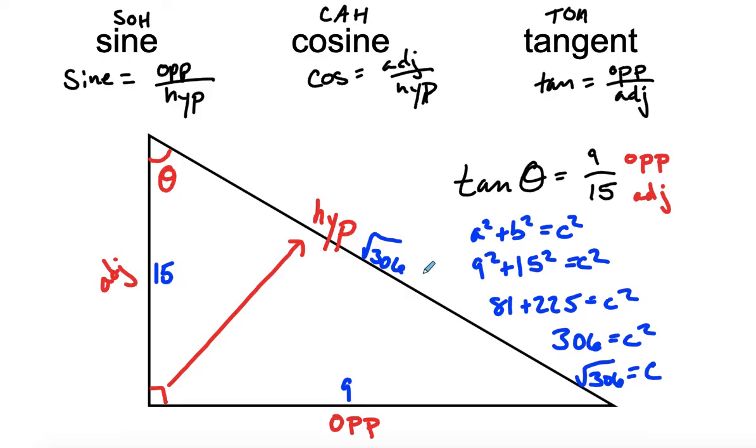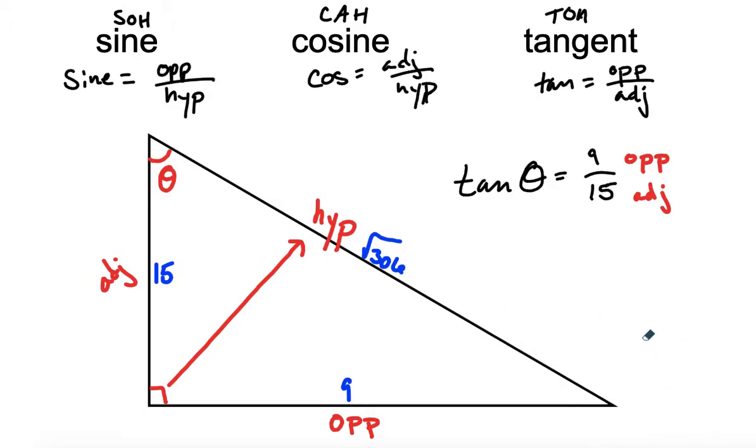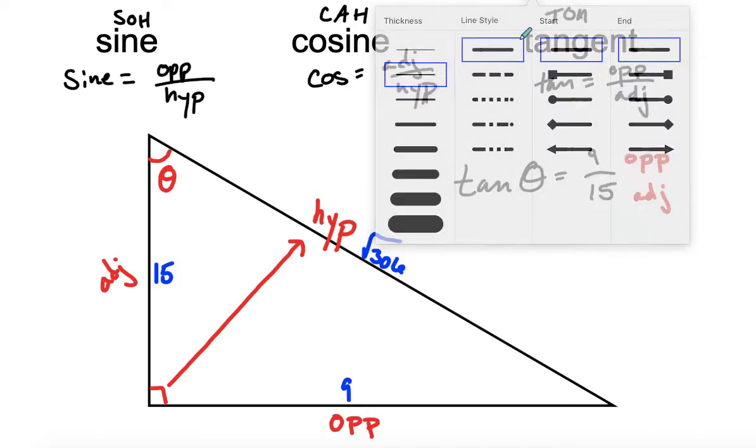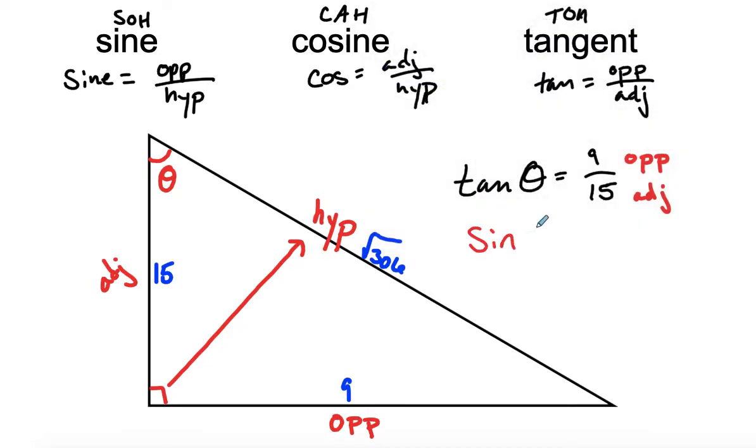Now usually the way these problems will be written, it'll say something like, given that we know the tangent of theta is 9 over 15, and then they'll ask, what is the sine of theta? What they're asking you to do is what we just did here. Find that missing piece of information that we didn't already have, and then create the ratio that they're asking for.